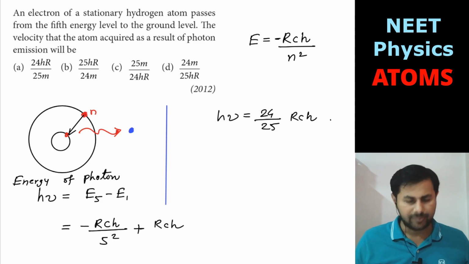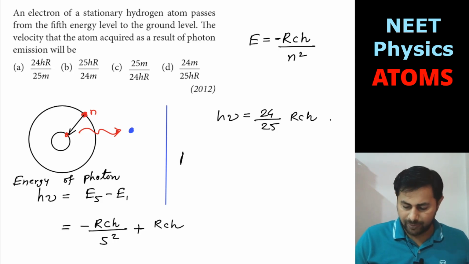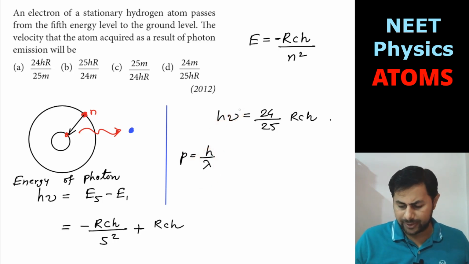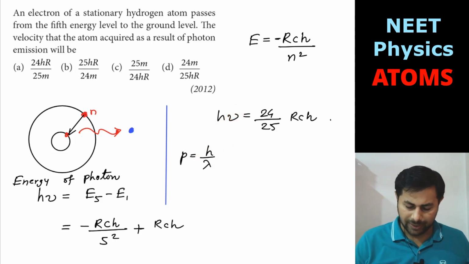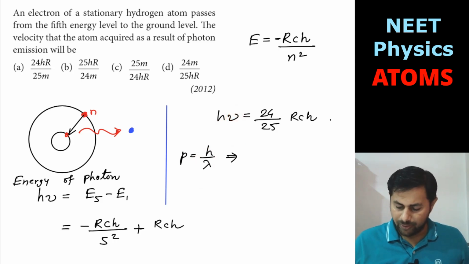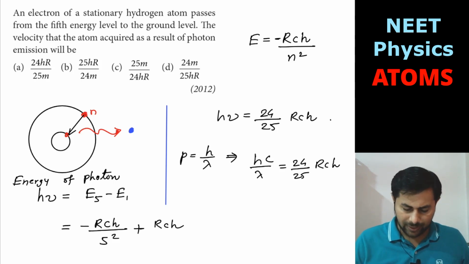So you know momentum is given by de Broglie's relation. P is equal to what? h by lambda. So can you adjust h by lambda here? Yes, we can, because we have nu which can be written as c by lambda. So therefore we have hc by lambda is equal to 24 by 25 times RCH. c gets cancelled.